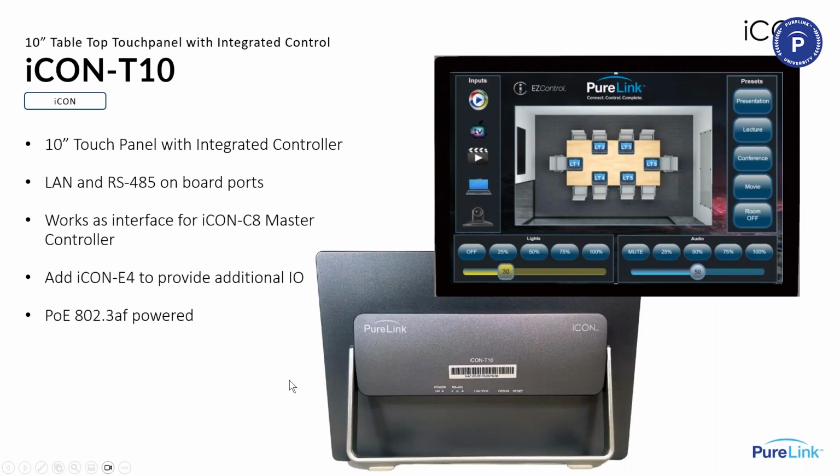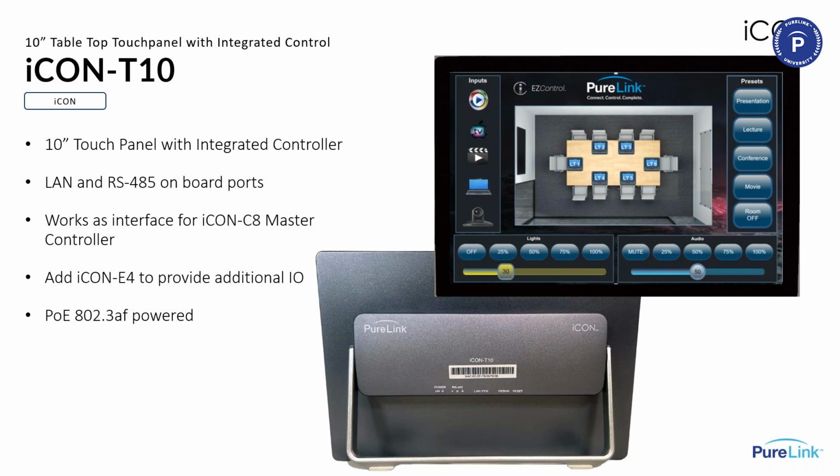All right, now the T10, this is a tabletop. You see the kickstand. This is a 10-inch panel. Again, integrated controller. As long as a LAN connection and RS485 is all you need, then this touch panel is all you need to control your system. Completely programmable automation, and we're going to look at that in a moment.